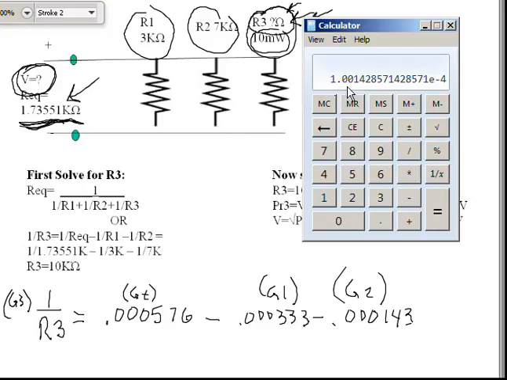So now I've got 1.00142857, and the list goes on. We're just going to take the reciprocal of that, and that will give us our resistance. This number is the conductance of R3. Take the reciprocal, and we end up with the value of R3.